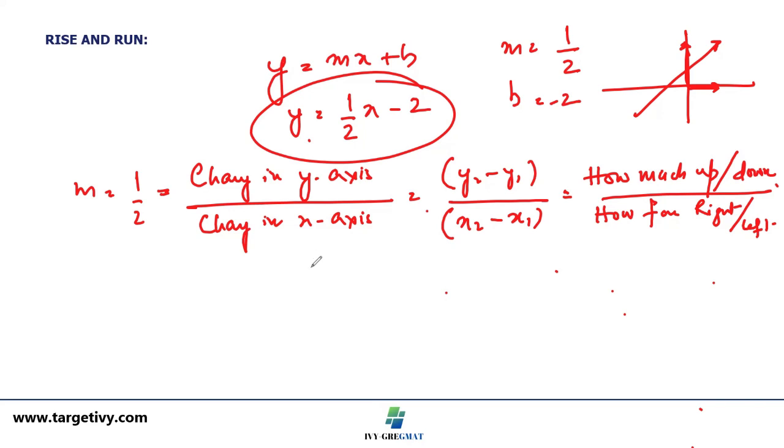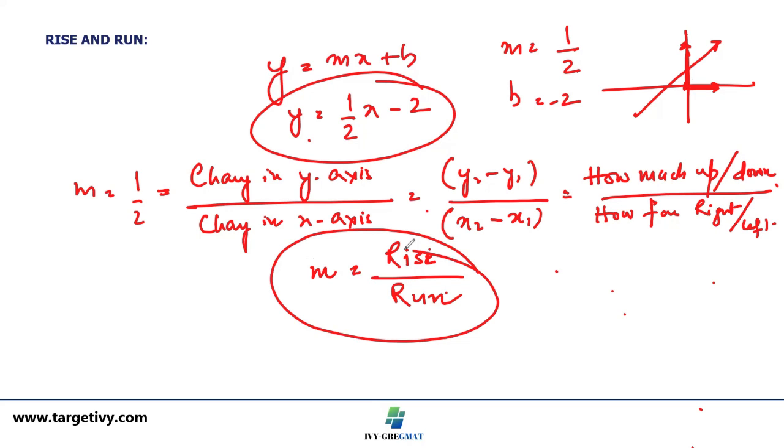This m can now be said to be equal to rise by run. How much it went up by how much it ran left or right. So the slope is rise by run.